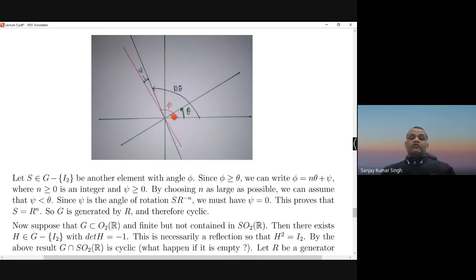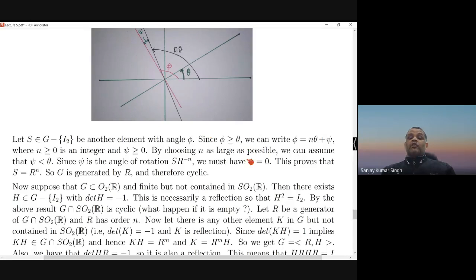So now what I am doing is going by s, rotating any element by phi, and then coming back by n theta. So this is basically the rotation associated to psi, the rotation of psi.